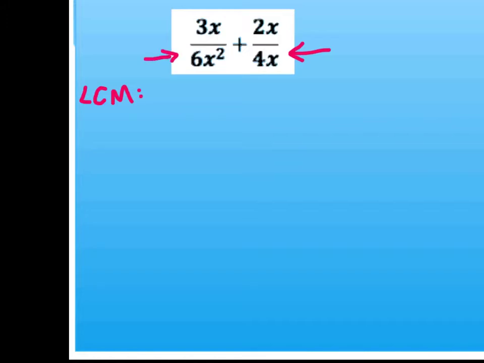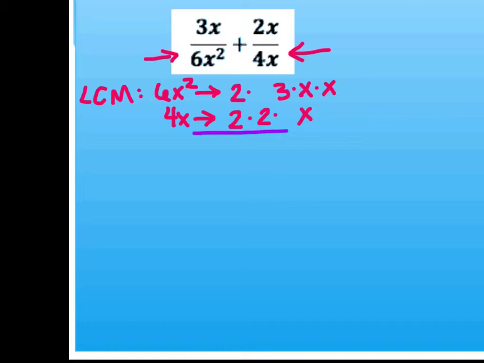We have 6x squared and we have 4x. So let's break down 6x squared into its prime factored form. We have 2 times 3 times x times x. 4 we're going to do the same thing to. We can turn that into 2 times 2 times x.